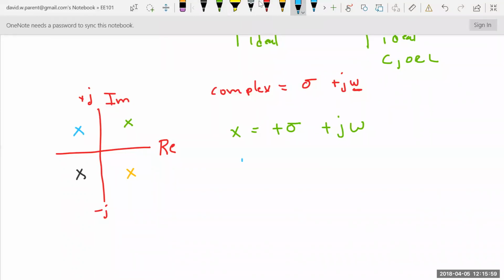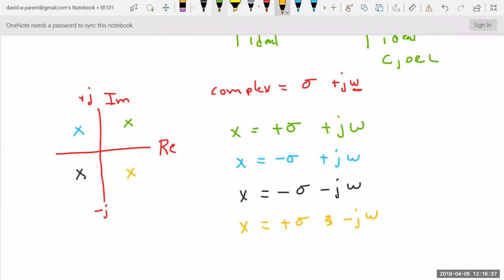The blue has a negative real number plus some imaginary number. The black is in that third quadrant, so everything is negative, right? And so the real plus imaginary, that's the Cartesian coordinates, right?